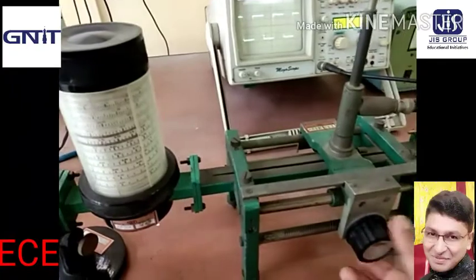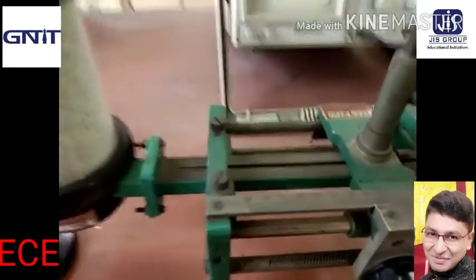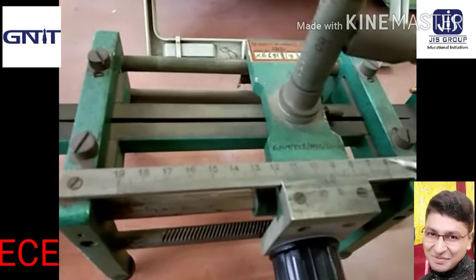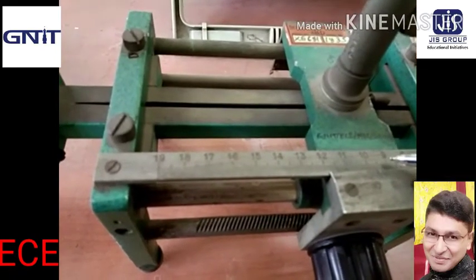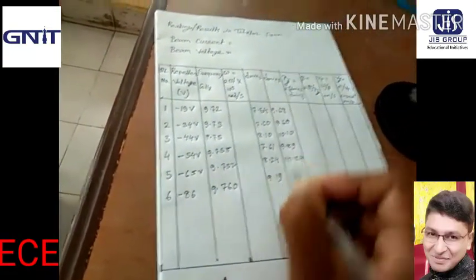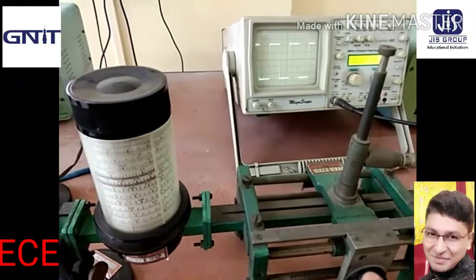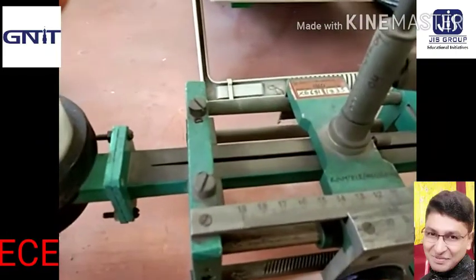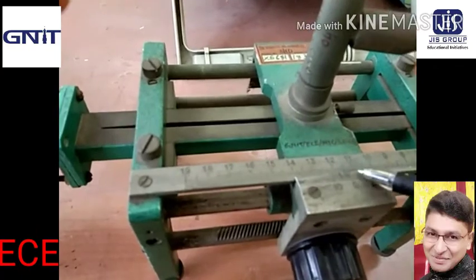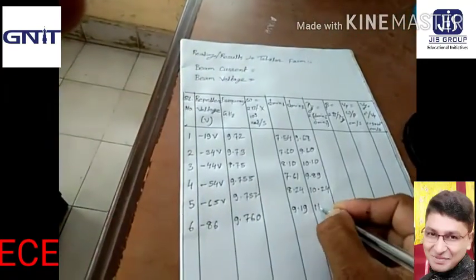Then D min. This is our D min 1, 9.19. Then varying, this is D max. D min 2 is 11.34.